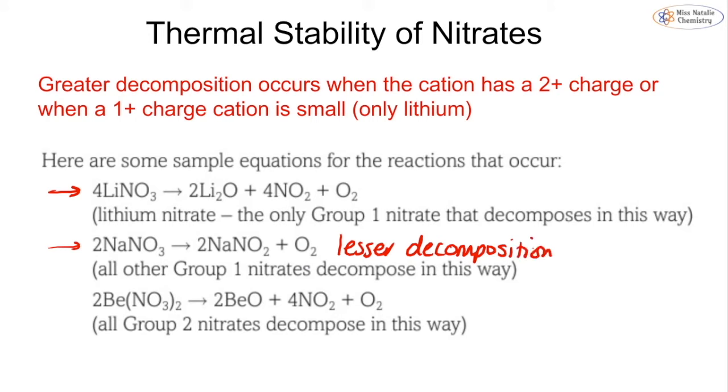So we have sodium nitrate forming sodium nitrite and oxygen. All of our group 2 are going to have this greater decomposition similar to lithium. The only difference is that your balancing is going to change slightly here, just because we have slightly different valencies in our formulas. So we have 2 moles of beryllium nitrate decomposing to 2 moles of beryllium oxide, 4 moles of nitrogen dioxide and oxygen.